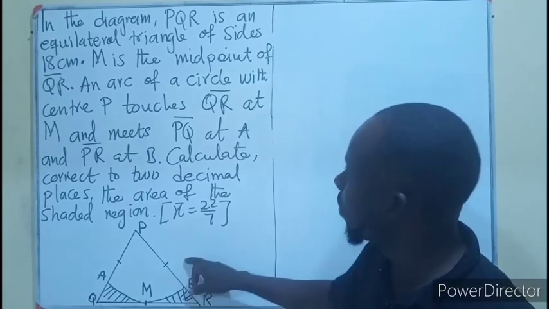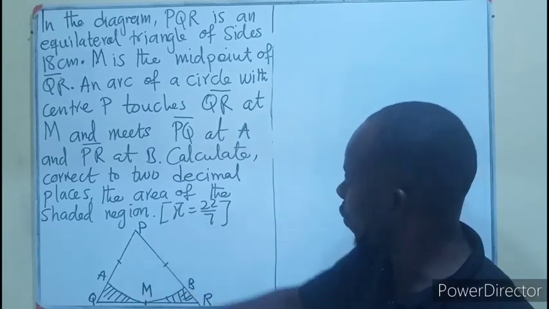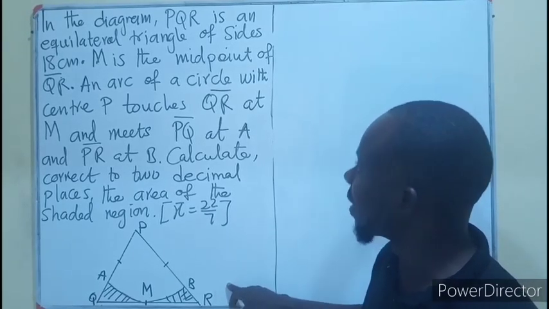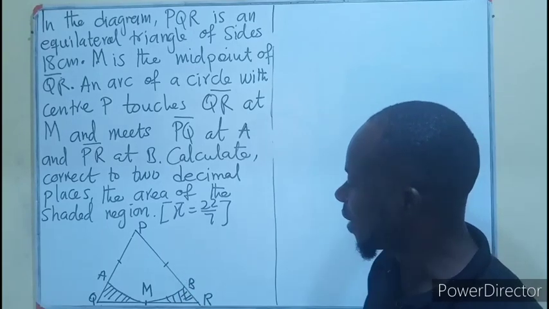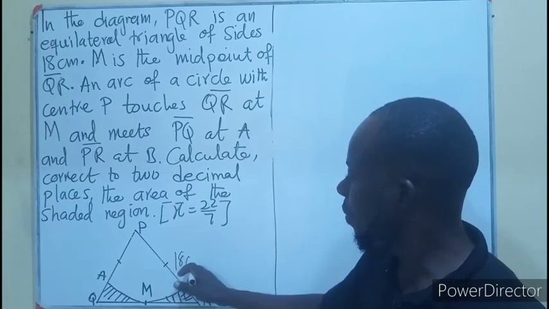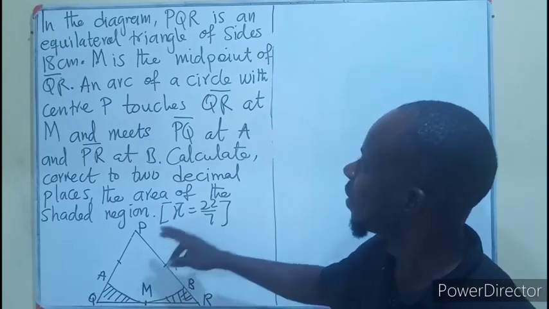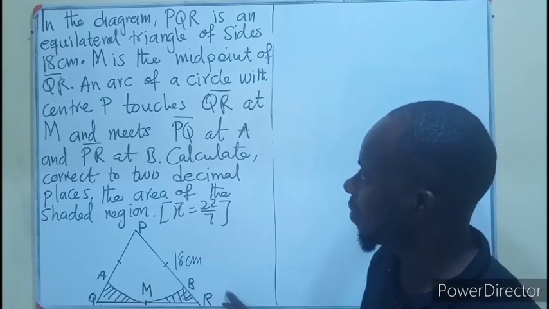So in the diagram below, PQR is considered an equilateral triangle of side 18 centimeter each. M is the midpoint of QR.